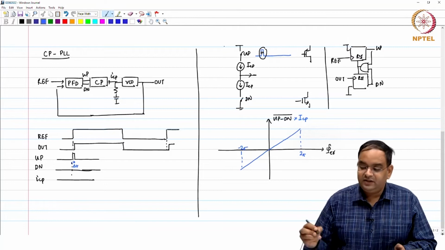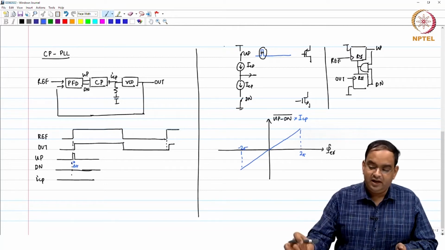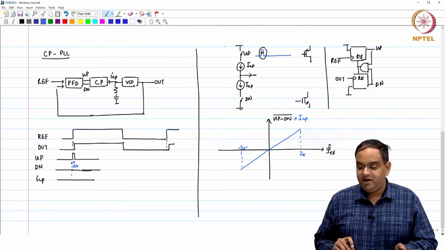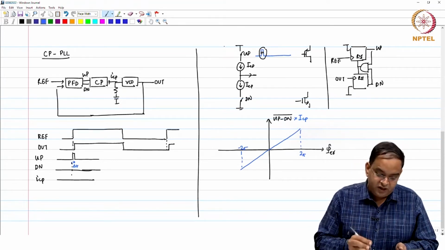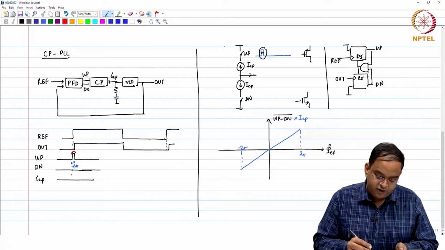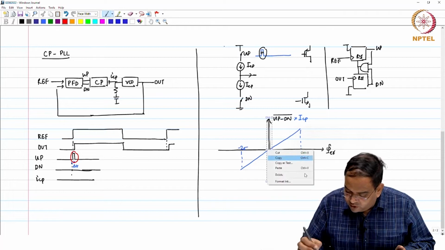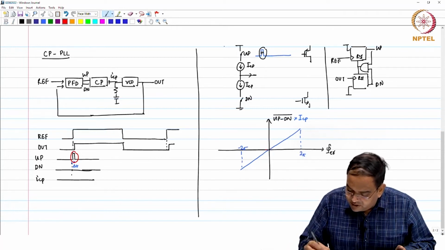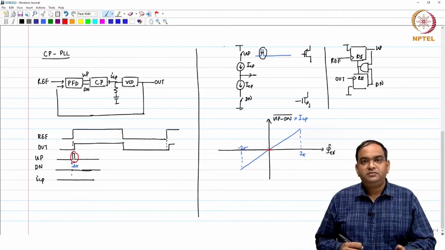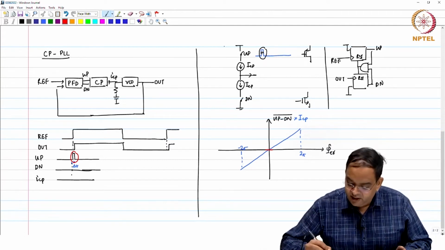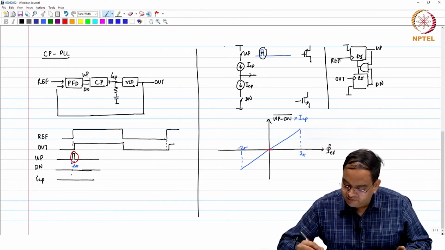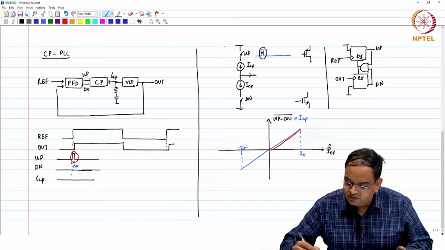As per our initial analysis for an ideal PFD, the characteristics will look like this, but because it does not respond to phase error near 0, the output of PFD plus charge pump is 0. And when you have large enough phase error, you will surely have a linear response.